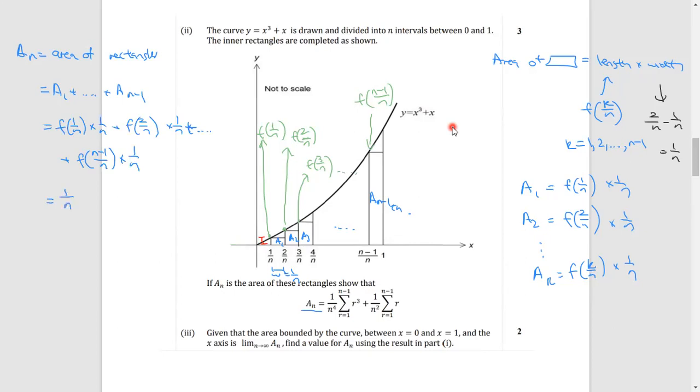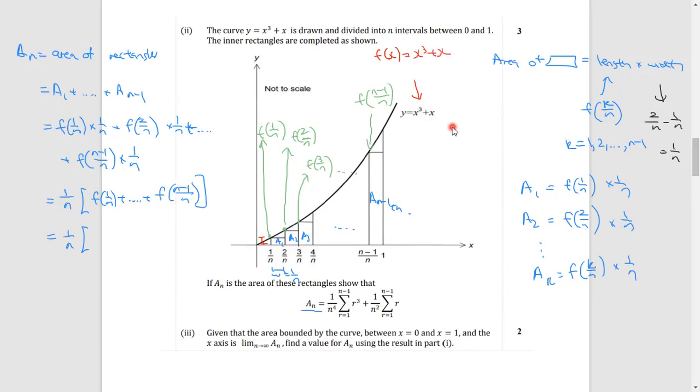You can take out 1 over n, and that will be f of 1 over n plus dot dot dot plus f of n minus 1 over n. It's a lot of writing without sigma, but we'll stay away from sigma at the moment. What does that mean, though? Remember, over here, f of x is x cubed plus x.